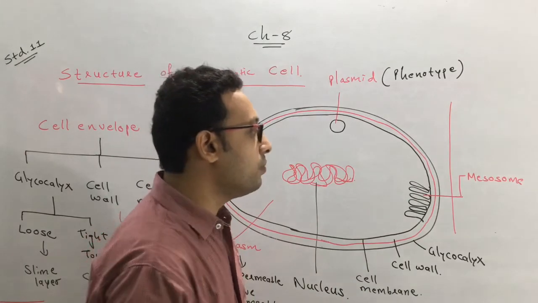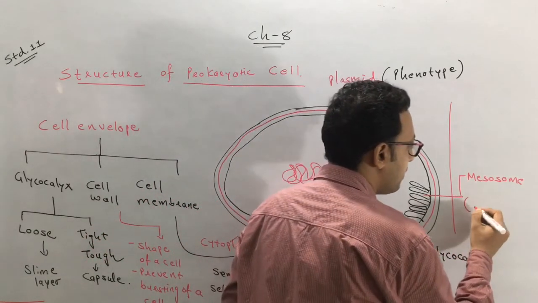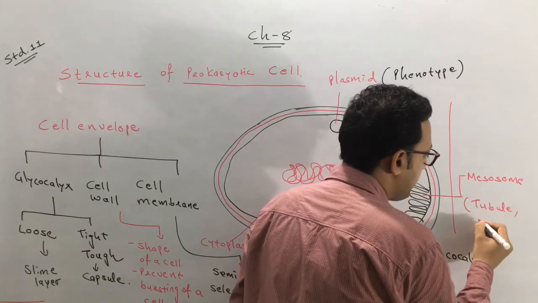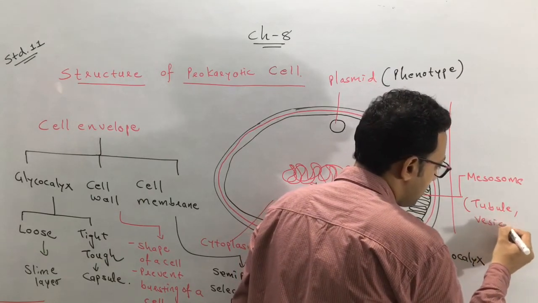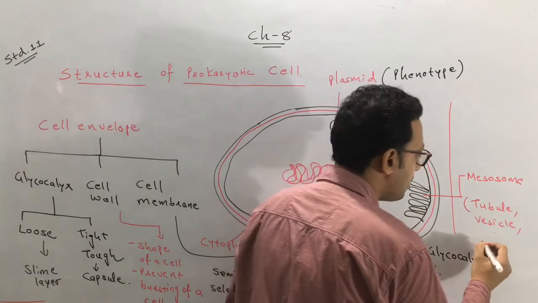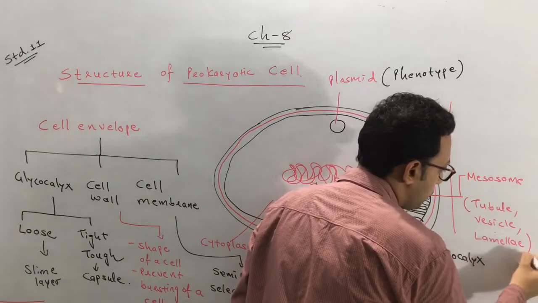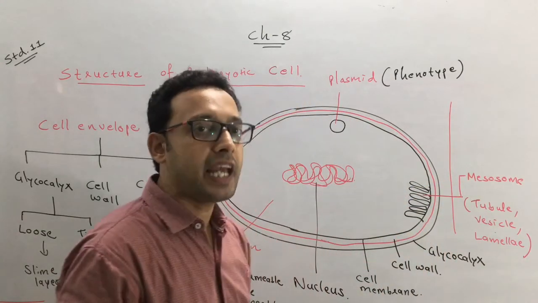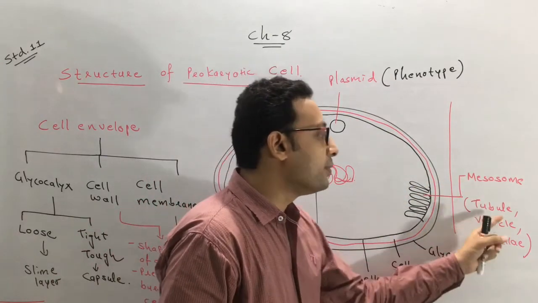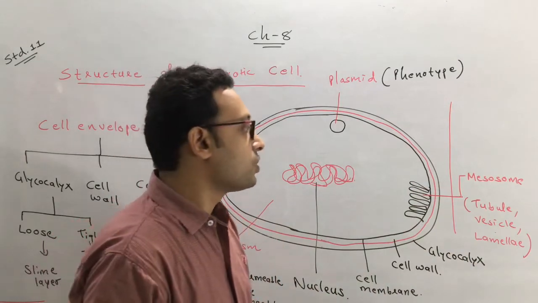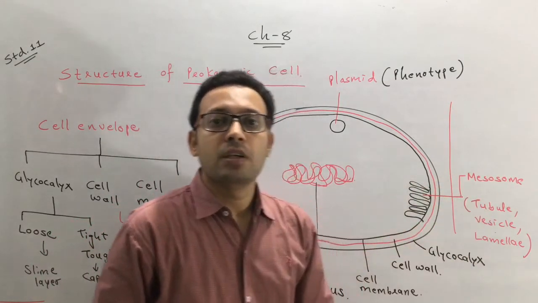This mesosome can be in the form of a tubule, a tube-like structure. It may be in the form of a vesicle or bag-like structure, or it may be in the form of lamellae. Okay, so what is a mesosome?